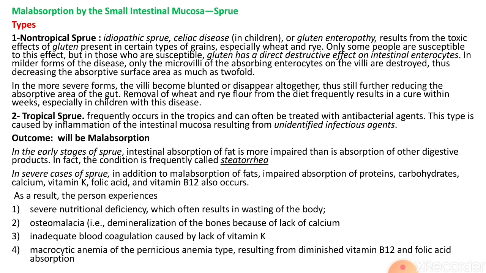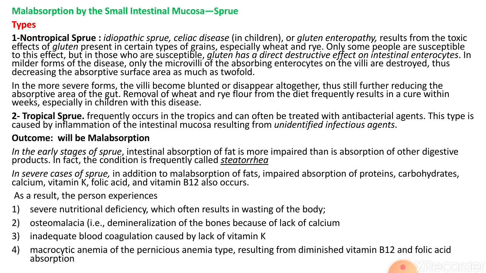So in these subjects, when the villi or microvilli are destroyed, the absorptive area will be decreased, so they will develop malabsorption. The other type is tropical sprue, and in this case we might have a bacterial infection, so they are treated with antibacterial agents.